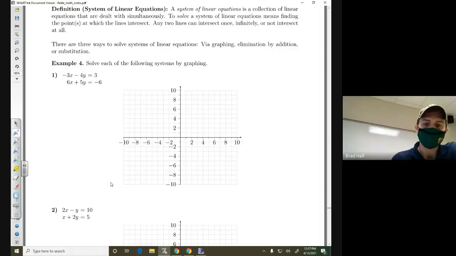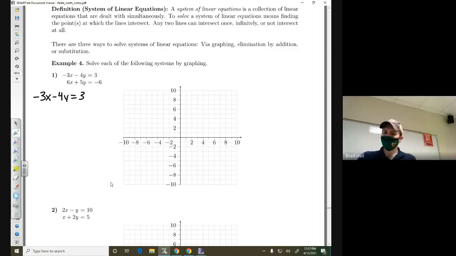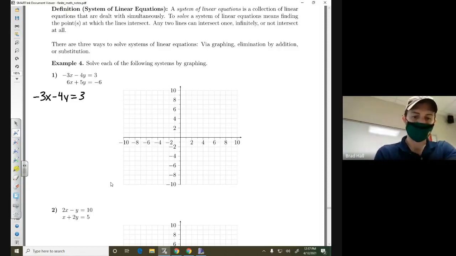So normally what I would do is take each line. Here's the first one. I'll just take that one off to the side. Generally you would want to find the intercepts. So if you go to find the x-intercept, remember, you set y equal to 0.